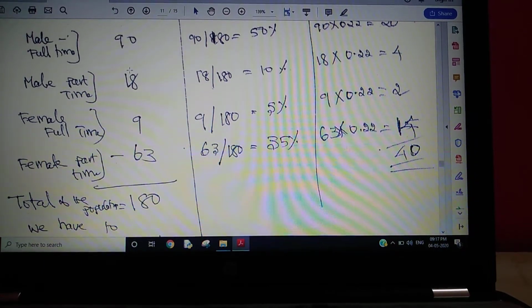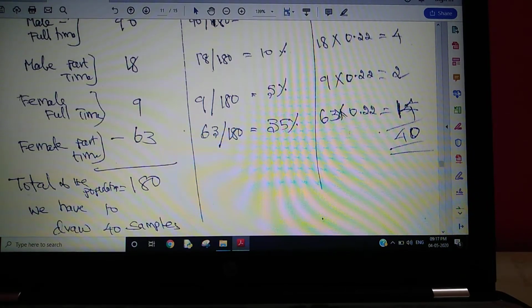So totally 90 plus 18, 108 male employees. Then female full-time 9 and part-time 63. So female employees total 63 plus 9, 72. So 108 plus 72, 180 total employees.